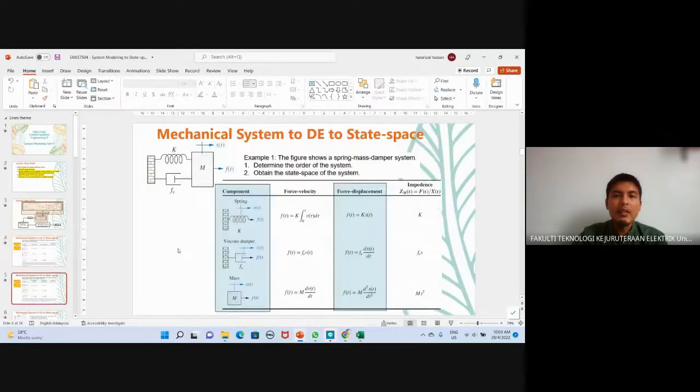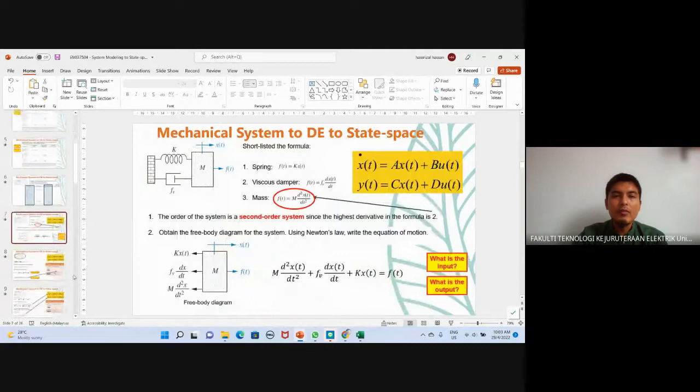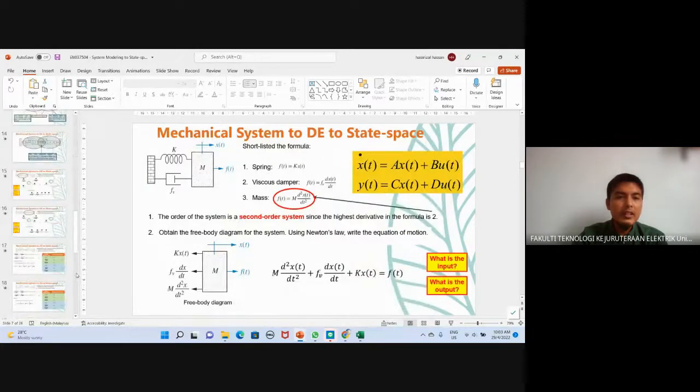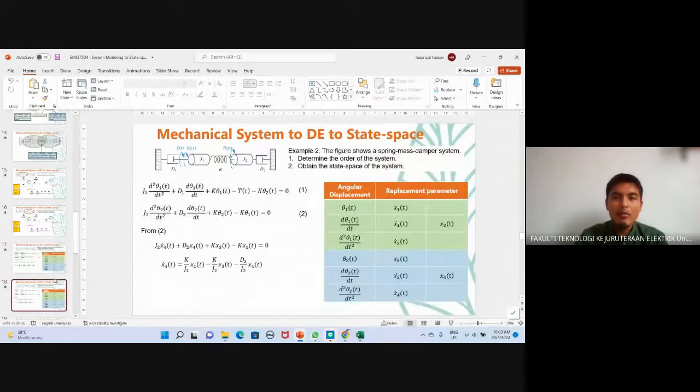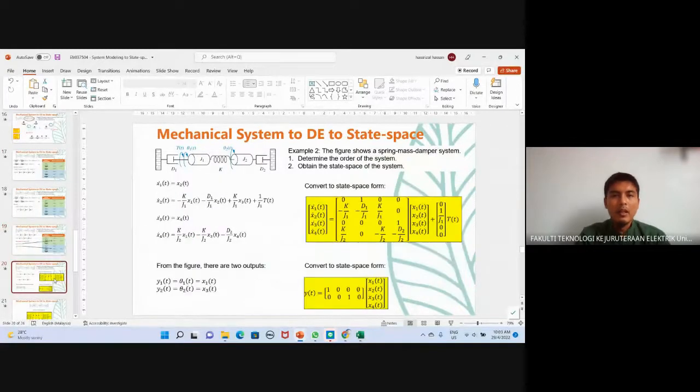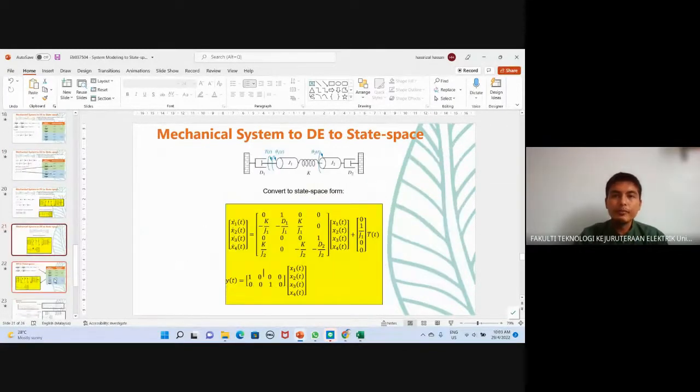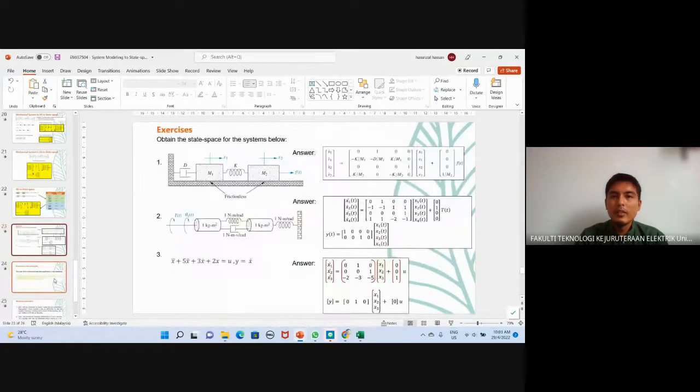And then I gave you some examples, and finally there are also exercises that you can do: convert to state space form, exercise, and so on. Hopefully you can try these questions in order to obtain the answers given.